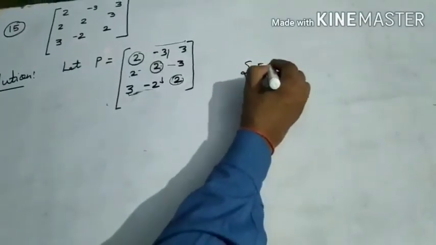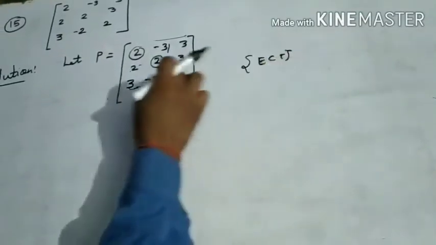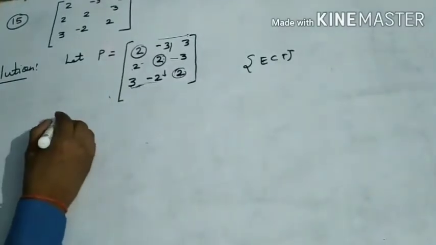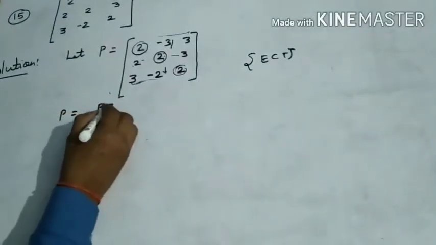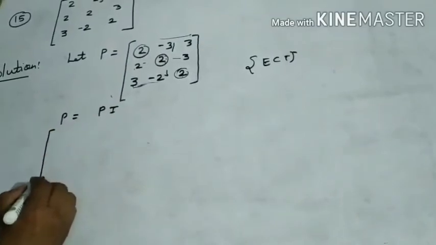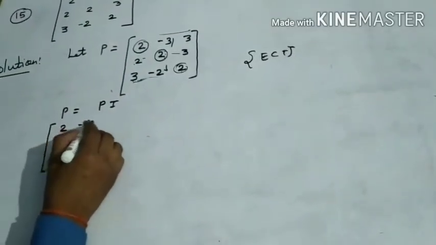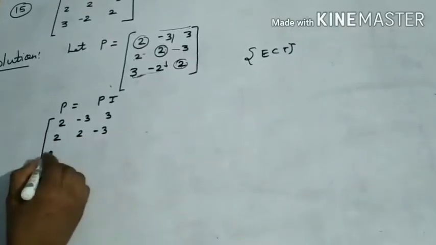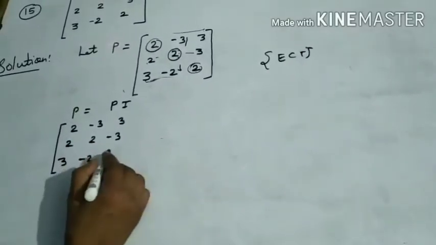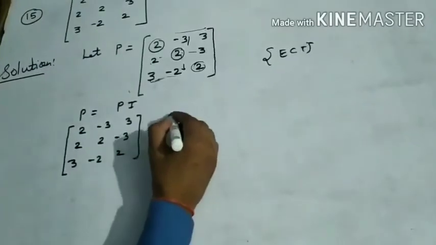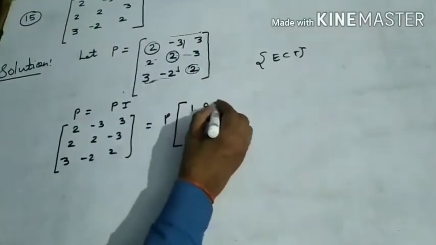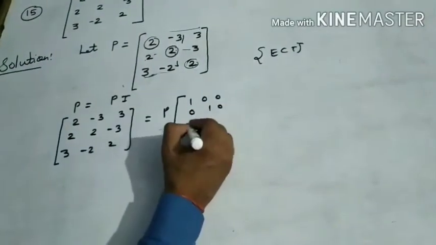By elementary column transformation we are going to find out the inverse of this. So let P equal to PI. So P is given 2 minus 3 3, 2 2 minus 3, then 3 minus 2 2, this is given, and this is equal to P times I, means this is the identity matrix, means 1 0 0, 0 1 0 and 0 0 1.